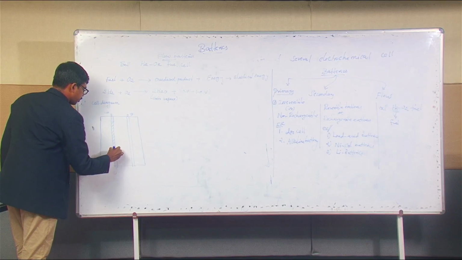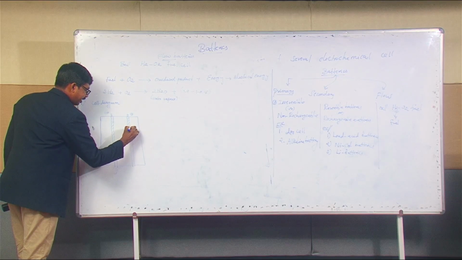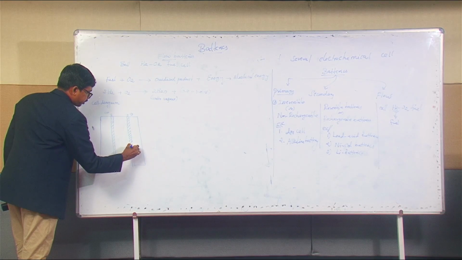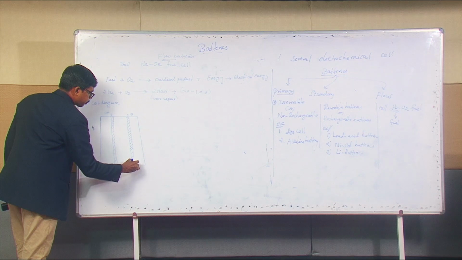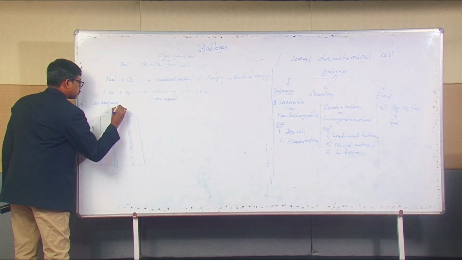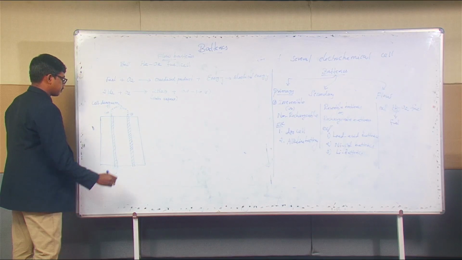In the porous carbon electrodes, both anode and cathode can be taken as inert graphite or carbon. It should be a porous electrode. The anode is connected to the cathode by an external circuit.